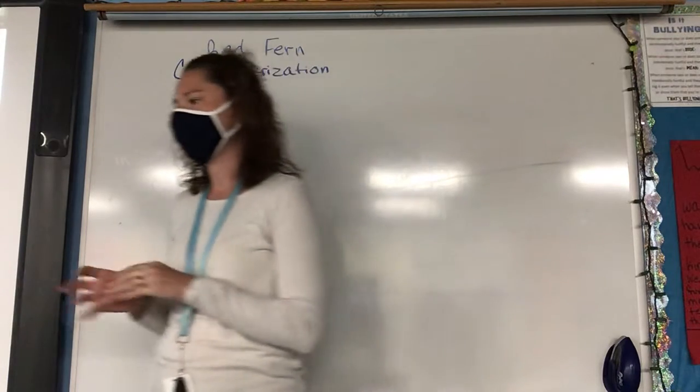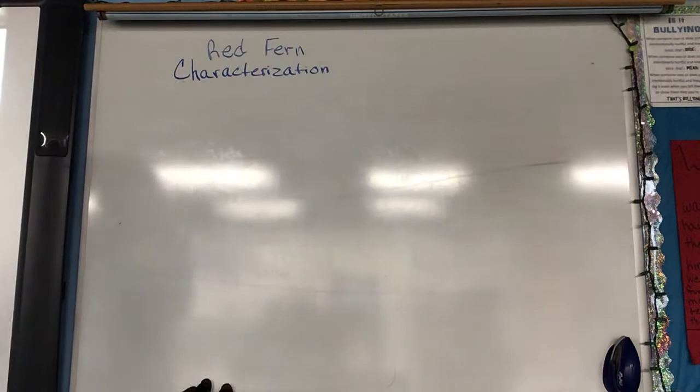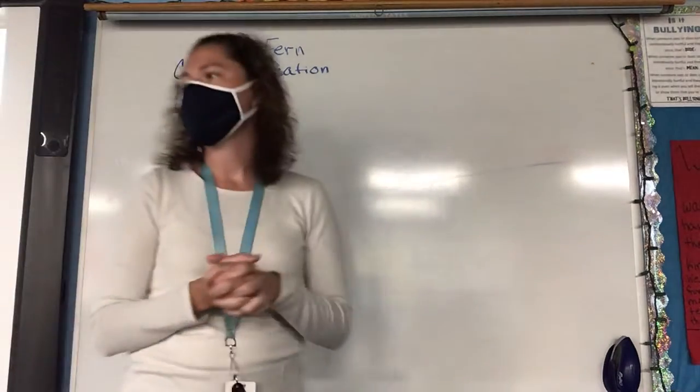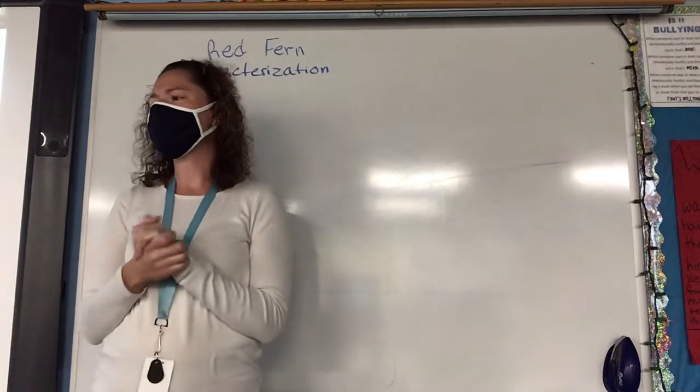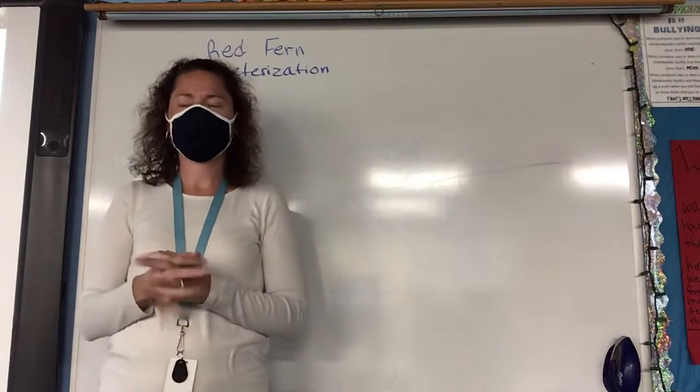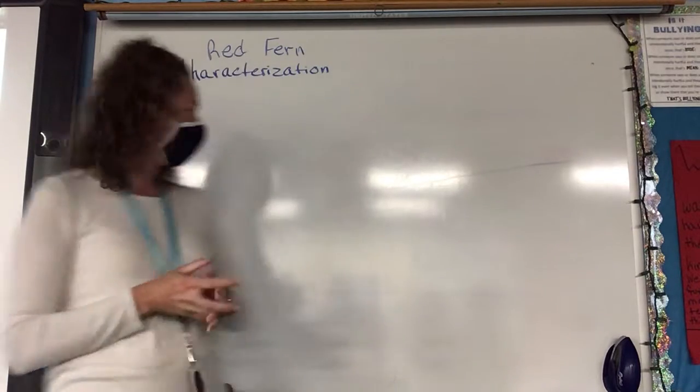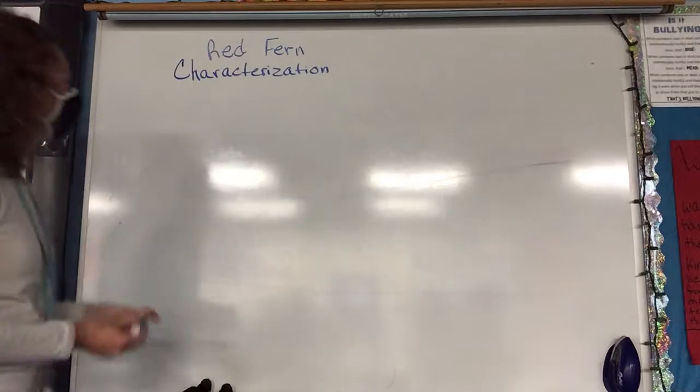Okay? Alright. Red fern at the top, characterization underneath. What is characterization? What does that mean? What word do you see in there that's familiar? Nick? Character. Right? We know what characters are.